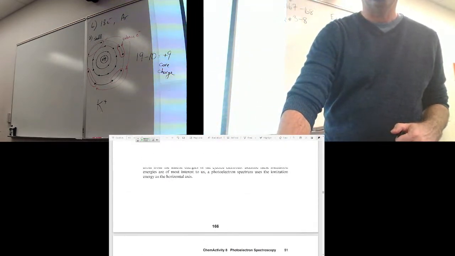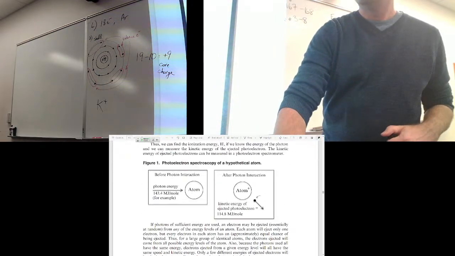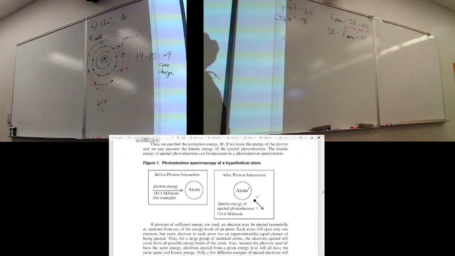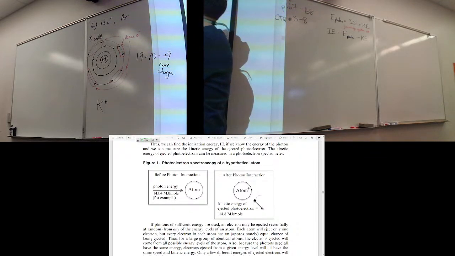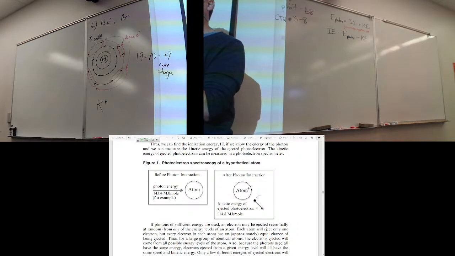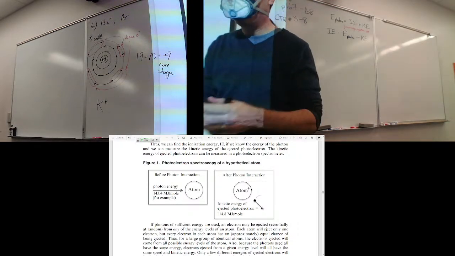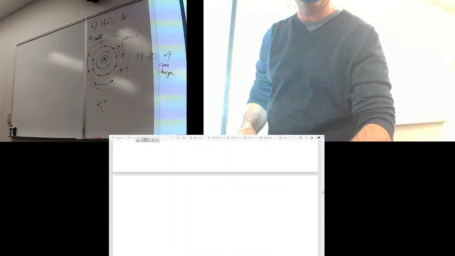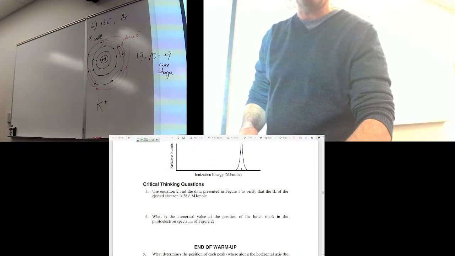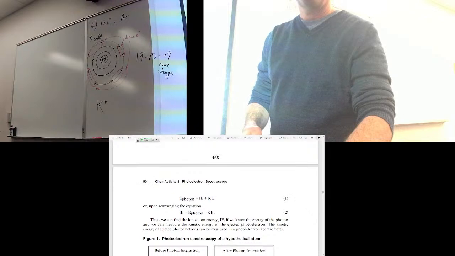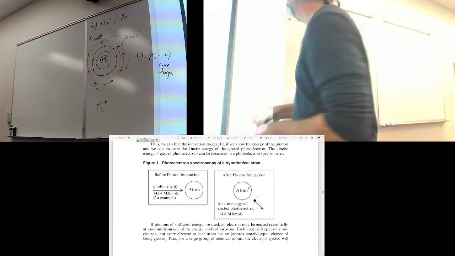As I was saying, this is this model, this fake atom. We hit it with photon energy that has this energy. That's the total amount of energy we hit it with. Where does the energy go? Well, some of it goes to ionize the electron. That's the number they said in the problem, 28.6.